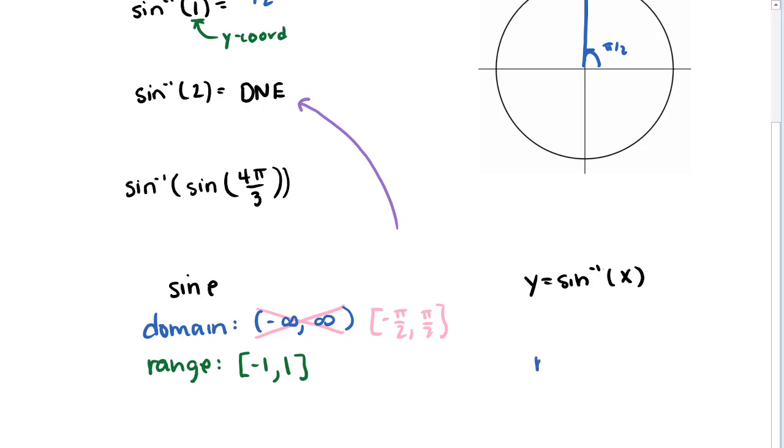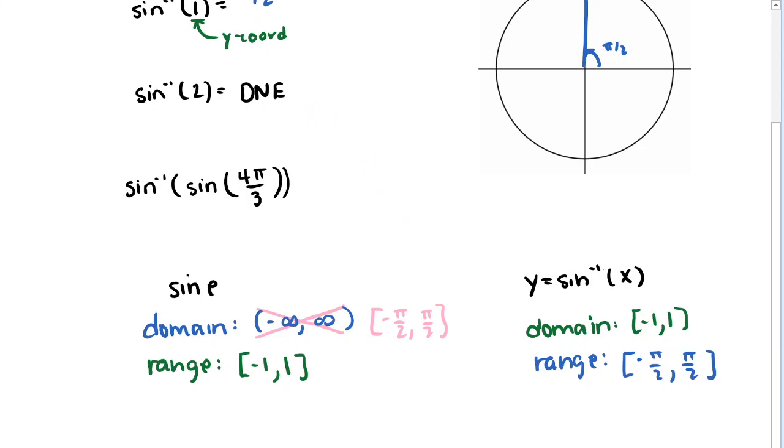And so the range, the things we can possibly get out from our sine inverse function, are -pi/2 to pi/2, like we've been saying. And the domain, we can only plug in values between -1 and 1 for a reasonable output for this sine inverse function.